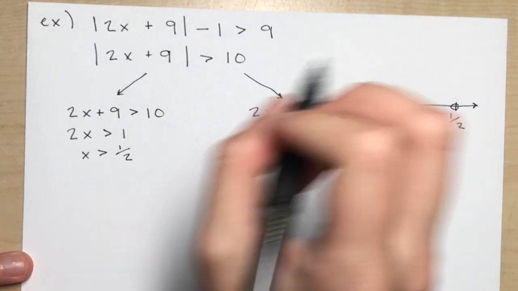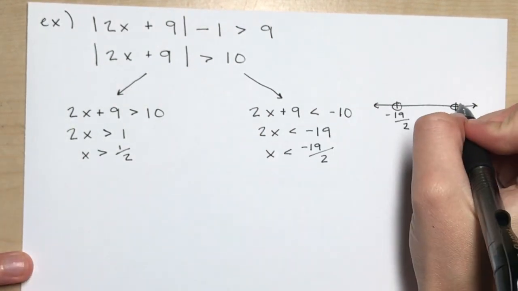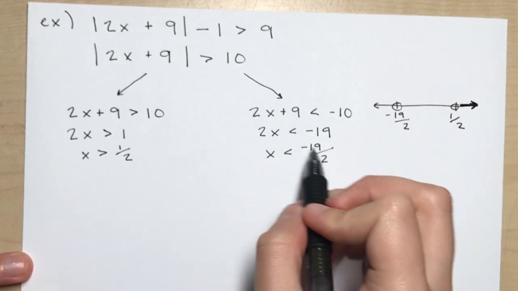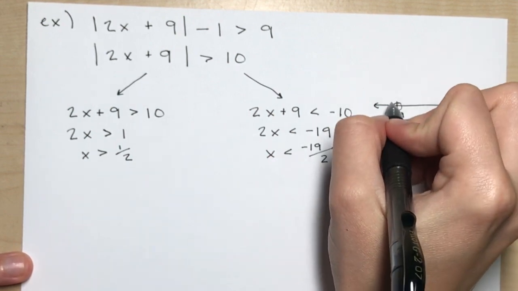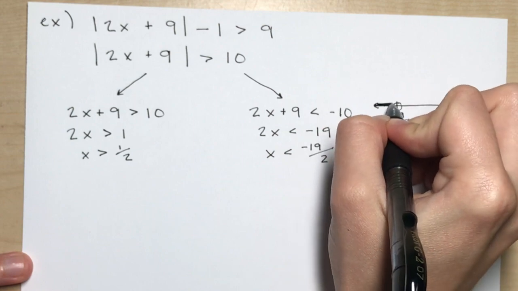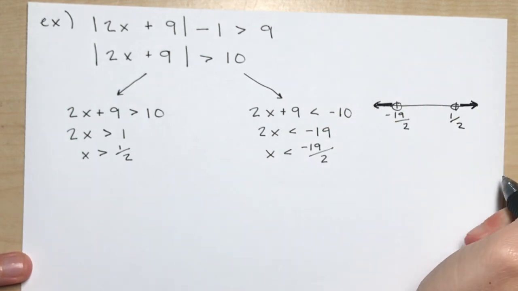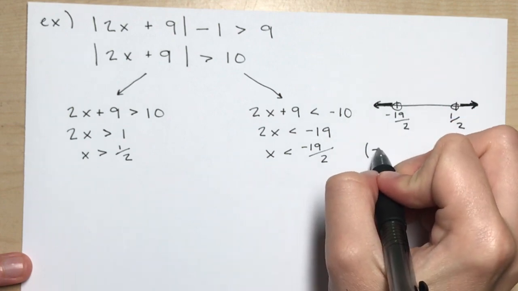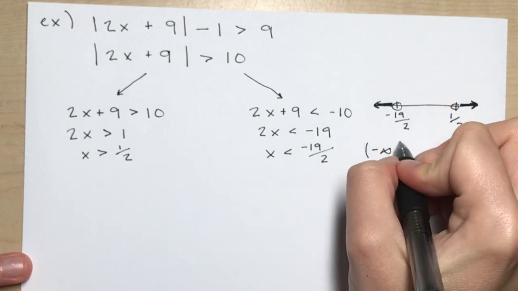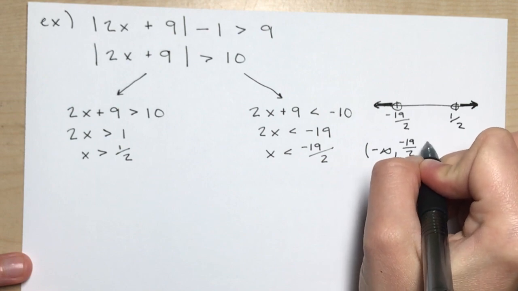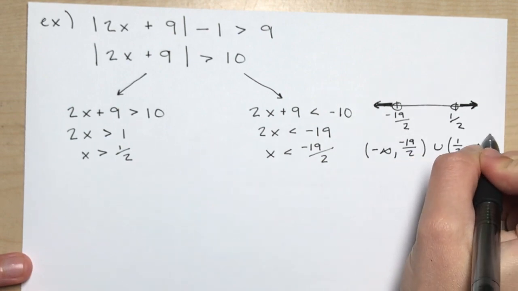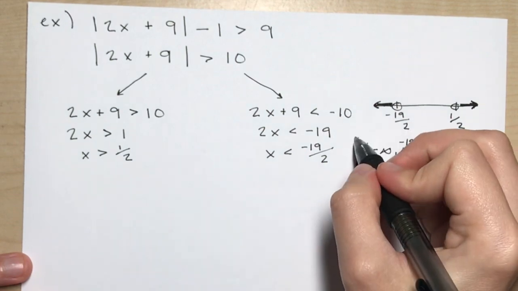We want to shade in the part that's greater than 1/2 and the part that is less than negative 19/2. Awesome. So our interval notation goes from negative infinity to negative 19/2, parentheses, 1/2 to infinity. That's my answer.